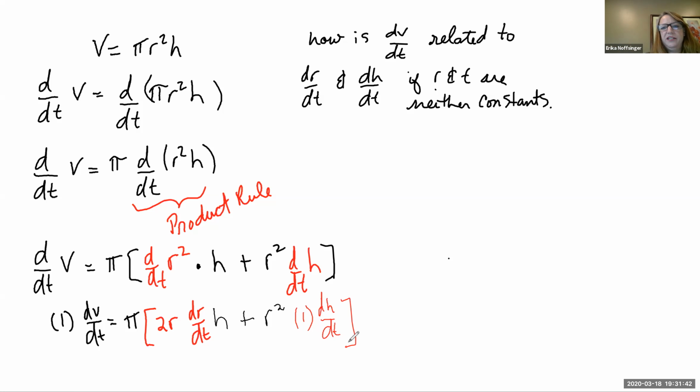So we're pretty much done. We can clean it up a little bit. So in our case, the derivative of the volume with respect to time is equal to, well, we can distribute our pi if we want, and let's just put the dr/dt and dh/dt after each part of those terms.